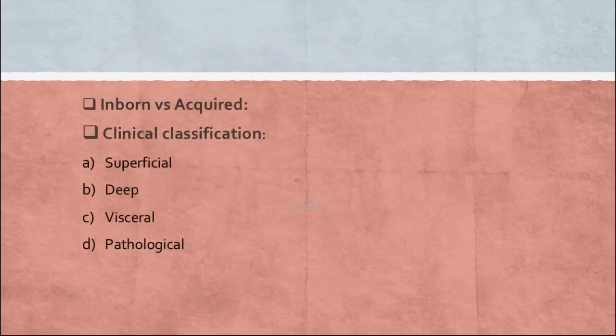Now, the other classification can be inborn versus acquired. Inborn means some reflexes are present since birth, and they don't require any training or need to be learned, like reflex salivation. When any object is put in the mouth, automatically there will be salivation reflexly; that is inborn.